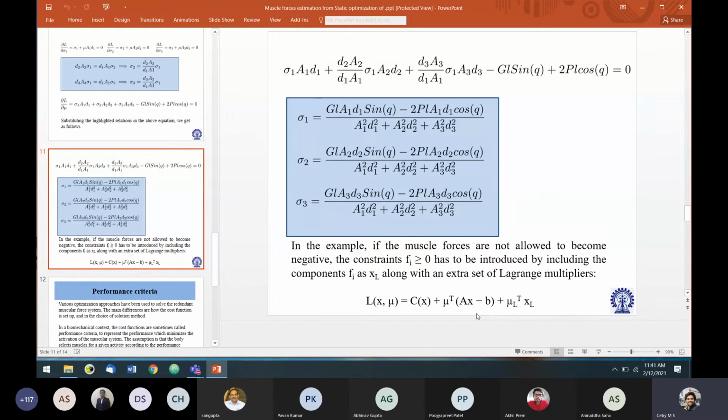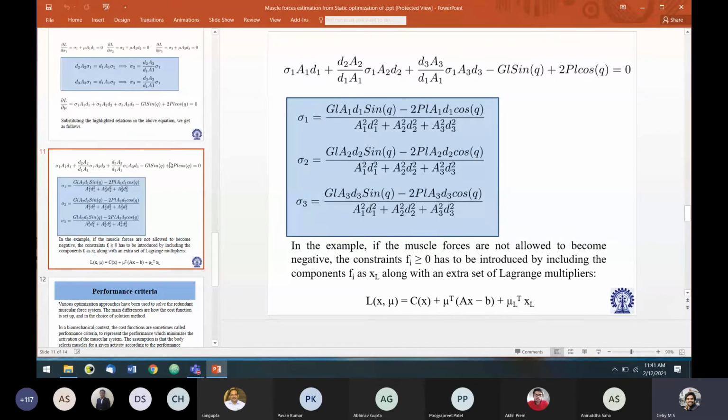So three more Lagrange multipliers will come into the picture since we are using three more inequality constraints. You will have to do that by yourself. You just have to use the same procedure, just incorporating a few more constraints which force the muscle forces to be non-negative.